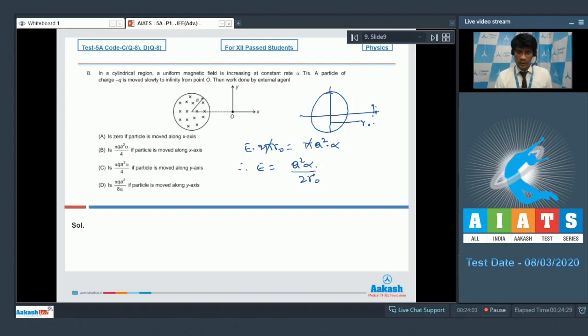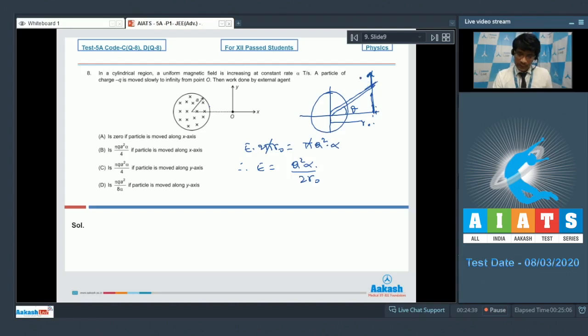It will be along this direction. So if the particle is taken from this point along this direction, let this angle be θ. The charged particle being negative, the internal force will try to act along this direction, and so the external agent has to exert the force in this direction, and the work done by the external agent is positive.